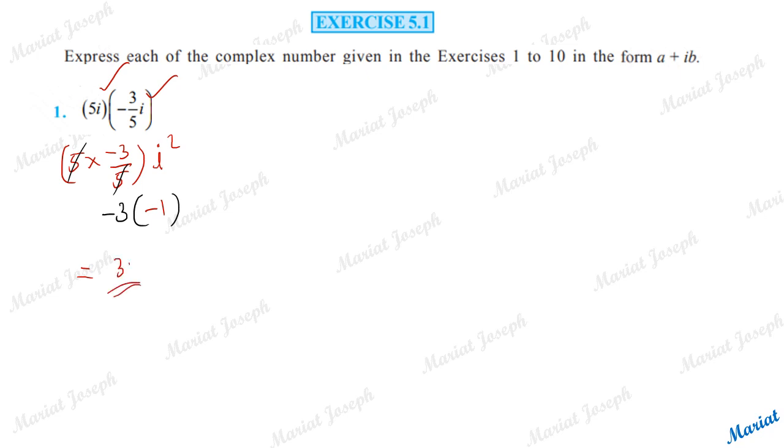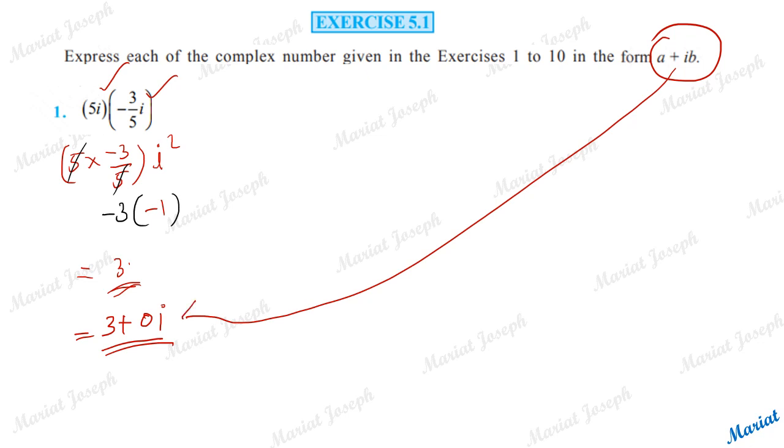But don't leave it like this, because you are told the answer should be written in a plus ib form. Notice that there is no imaginary part. This number is a purely real number. Still we should write it as 3 plus 0i. No imaginary term. Only then this can be called the standard form, a plus ib form.